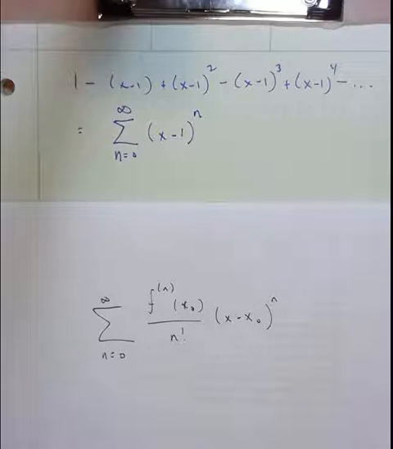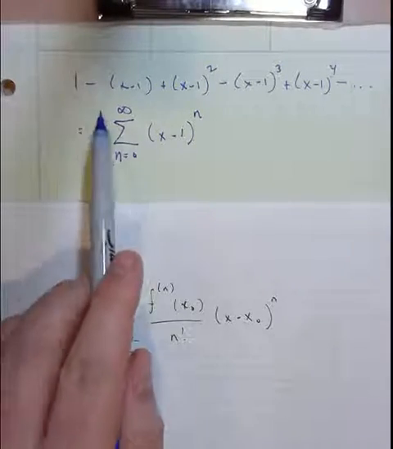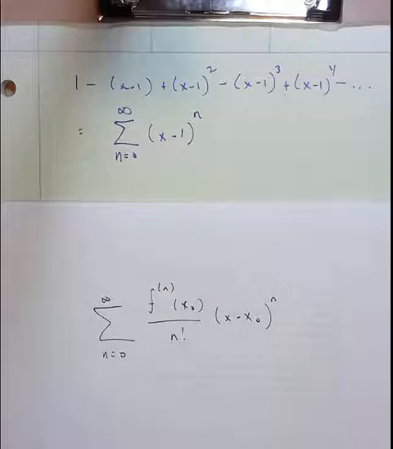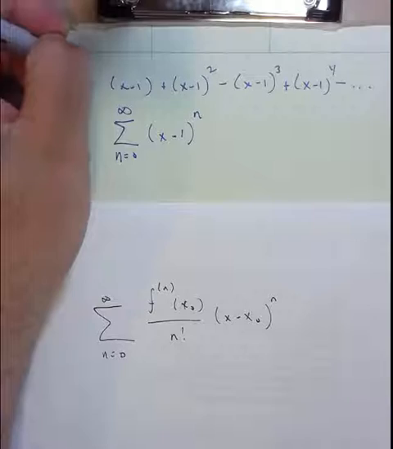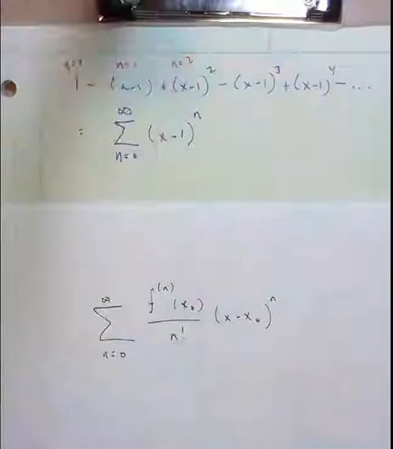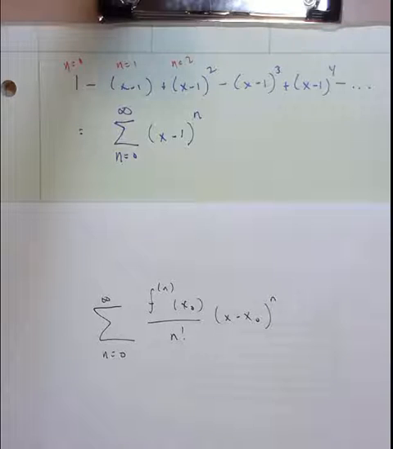Ta-da! Every one of these terms is x minus 1 to a power, and let me label these. Remember, this was the term for n equals 0, n equals 1, n equals 2. And so, given that our Taylor series formula, in its tight series appearance, wants to start with a counter of n equals 0, this 1 needs to be the n equals 0 term.